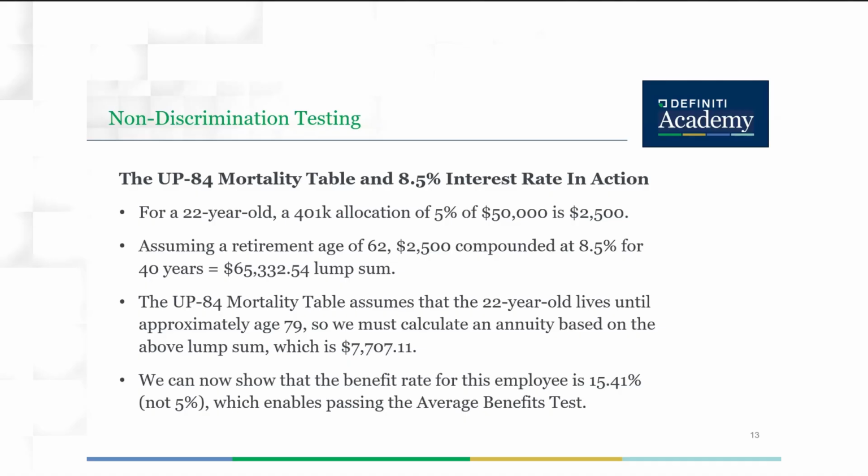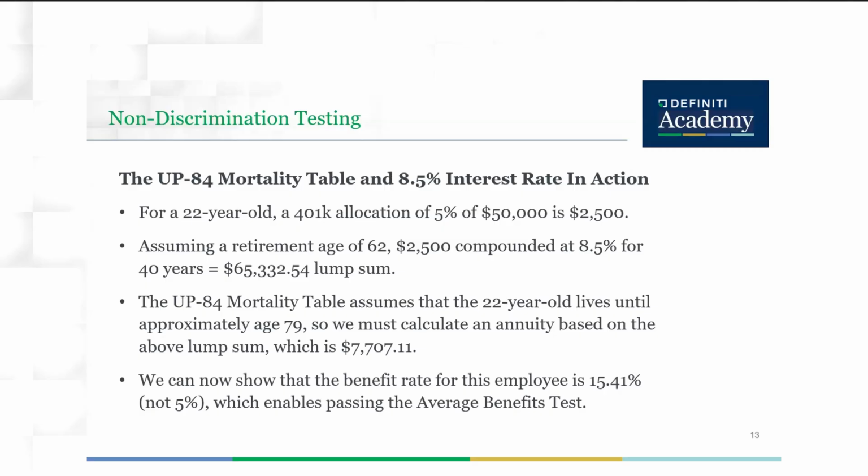And then we divide by a mortality table factor. It's a 1984 table. So for a 62-year-old to live to about 79, and we get an annuity that's like 7,700. So we could show here that the benefit rate for this employee is 15.41%, and not 5%, which would enable passing the average benefits test.